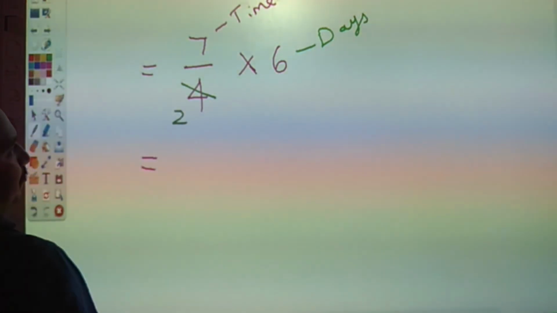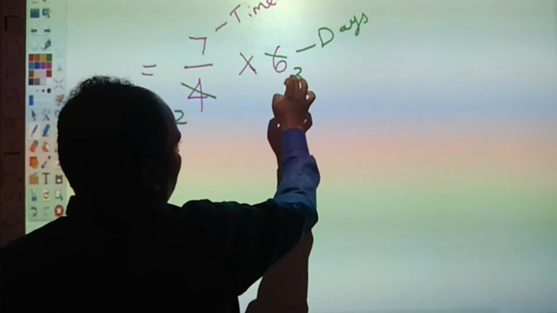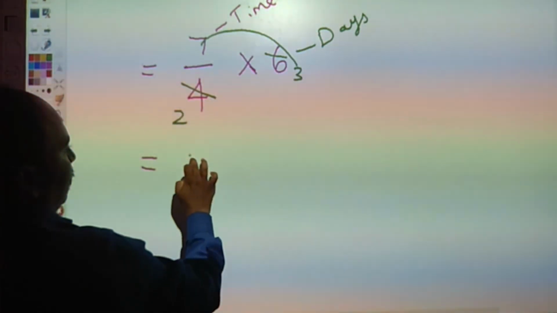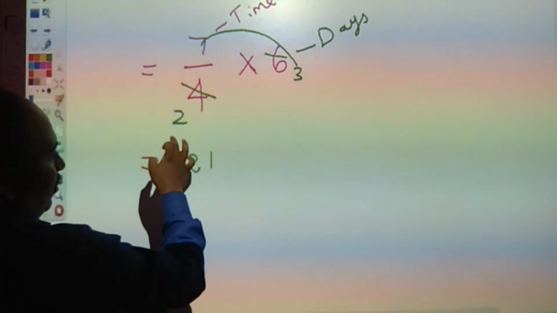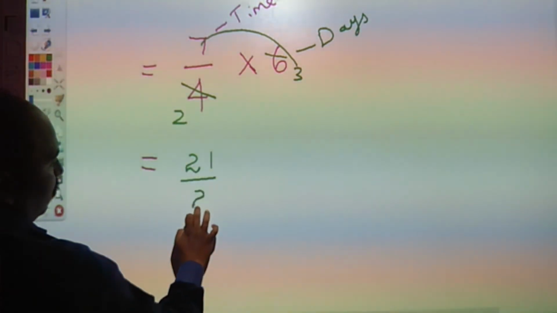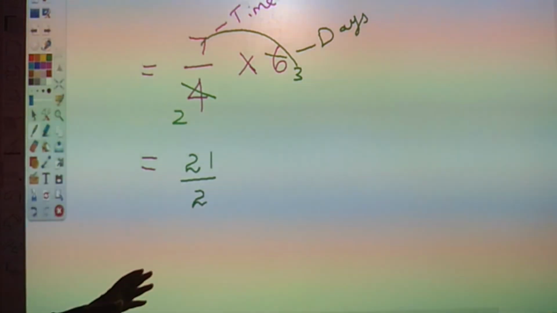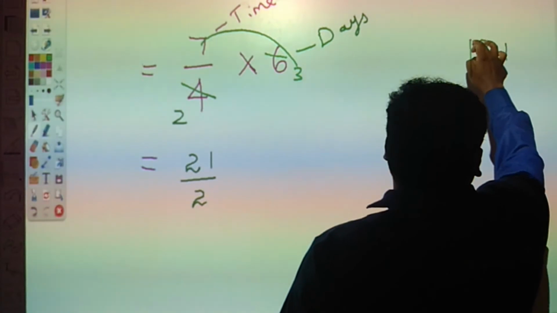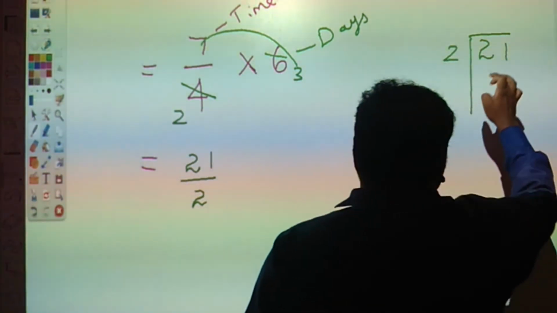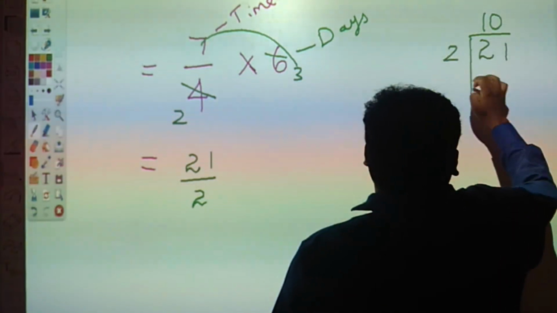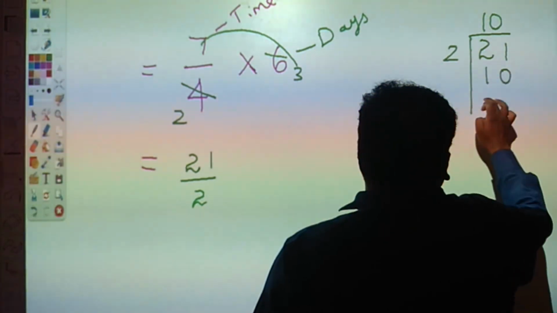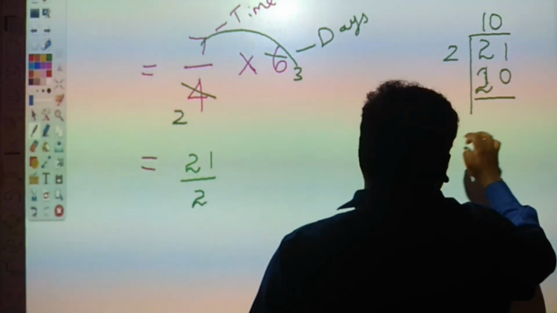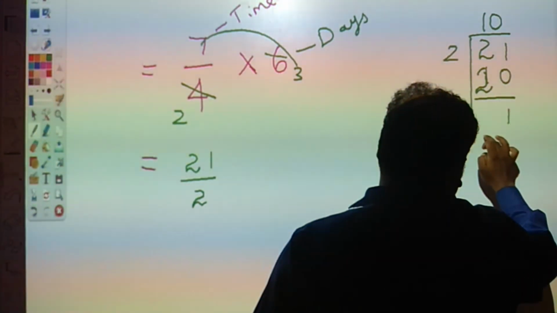2 2s are 4, 3 2s are 6. So 7 into 3, 7 3s are 21. Then divided by 2. 21 divided by 2. We get 10 times. 10 into 2 is equal to 20. 21 minus 20 is 1.